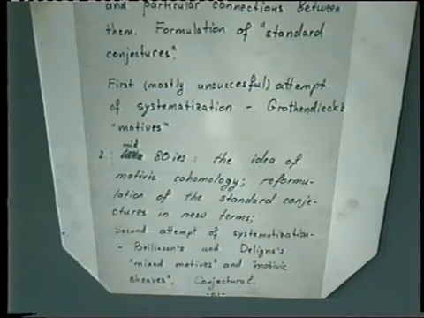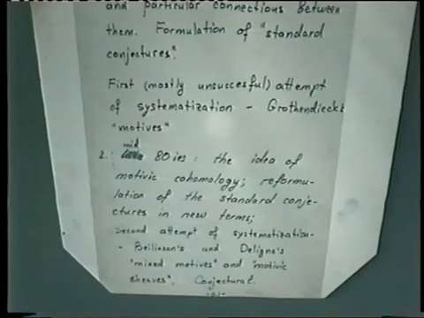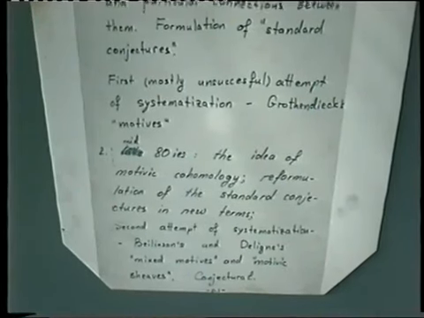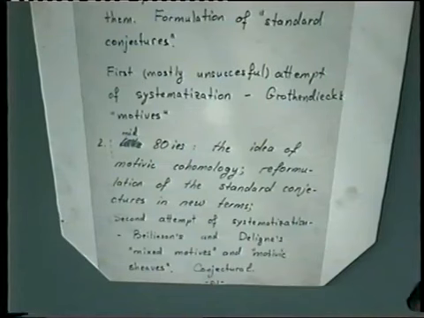So the first period, of course, the main name is Grothendieck, but then it's also Deligne, I guess, though he more belongs to the second, Milnor, Quillen. These are the names which come to my mind when I'm thinking about the first period. Partly maybe Friedlander, because of the étale K-theory.